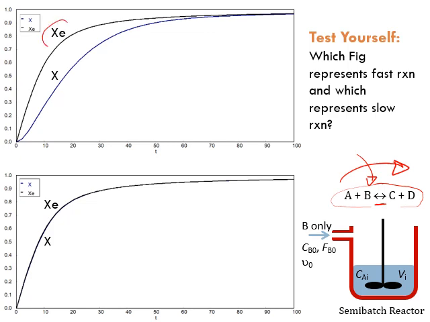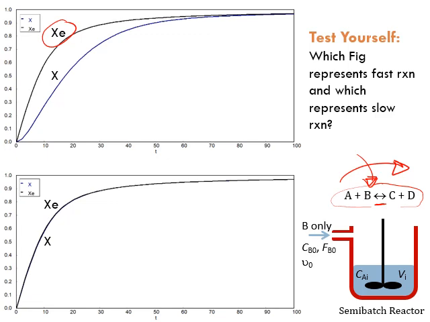That's why you see X_E is increasing with time as well, because as I add B, the equilibrium shifts forward. We're talking about equilibrium, not the actual situation. Equilibrium conversion increases with time. Okay, and X increases because A is being consumed because of the presence of B.